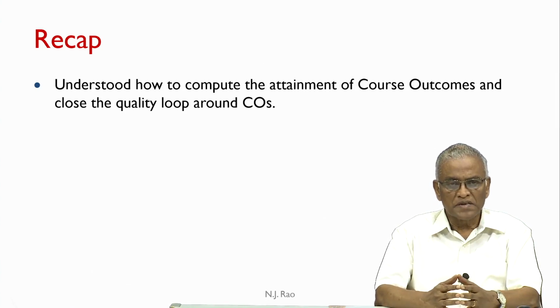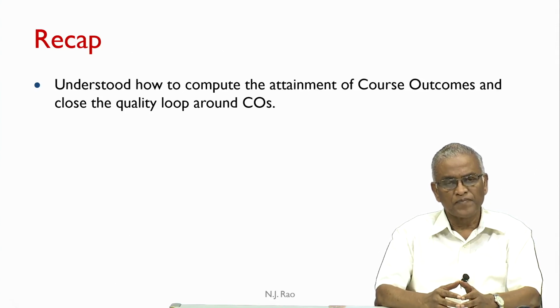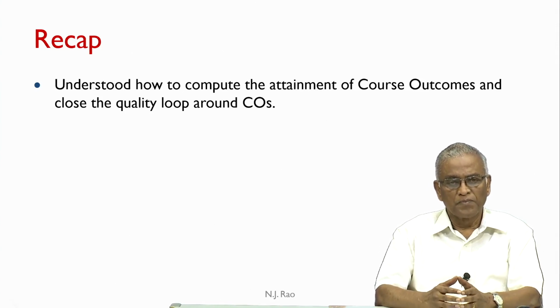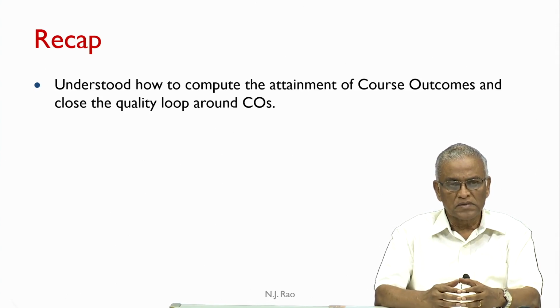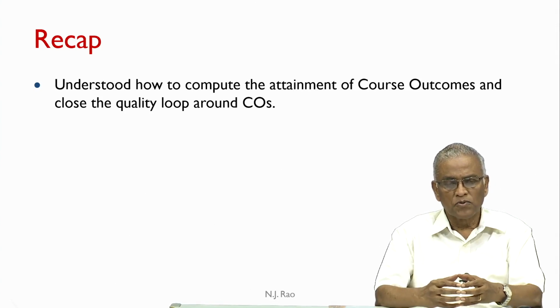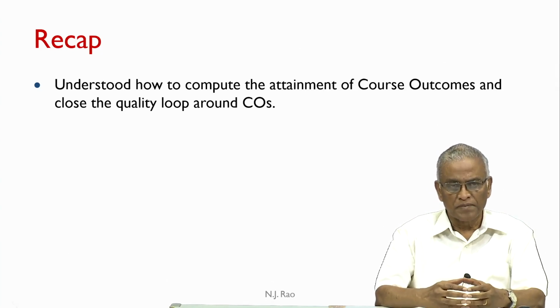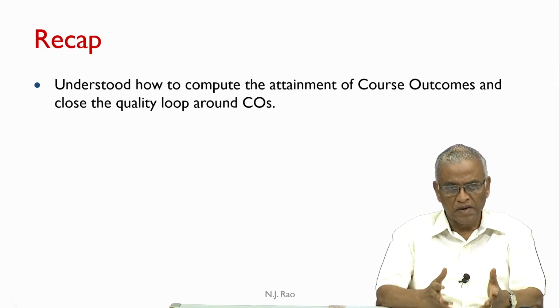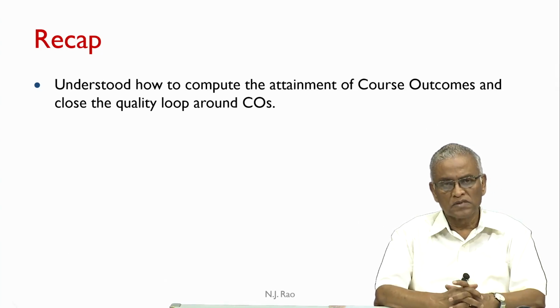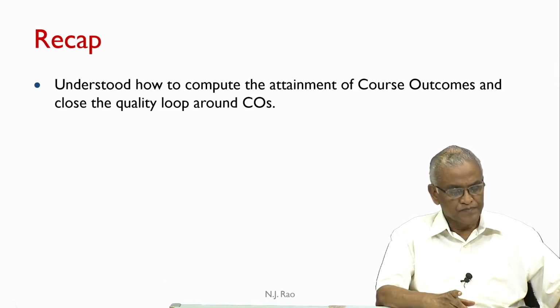Some reasonable method can be chosen and we should stay with that method consistently. The purpose of doing this is to prove to ourselves and to all the stakeholders that we are continuously improving. That is the main purpose of closing the quality loop.